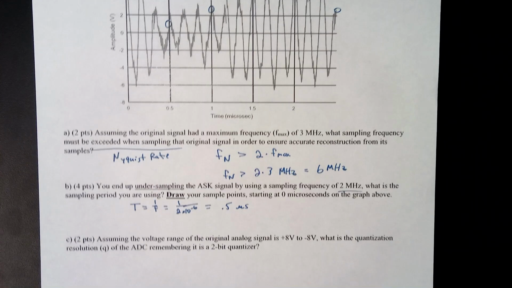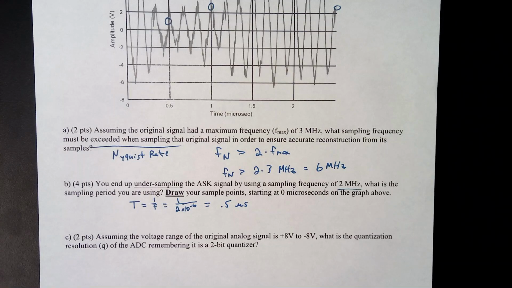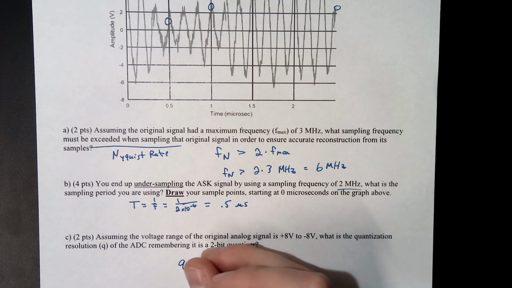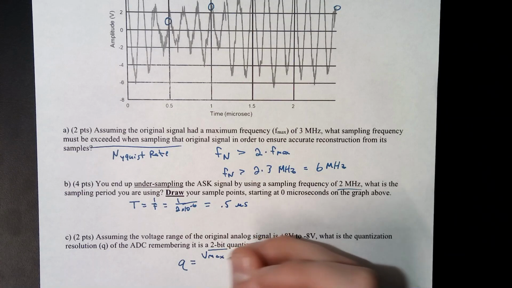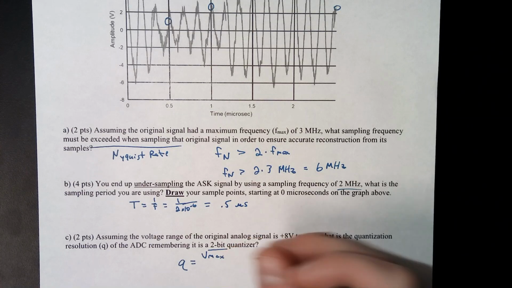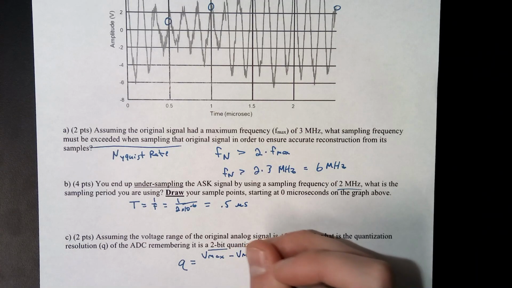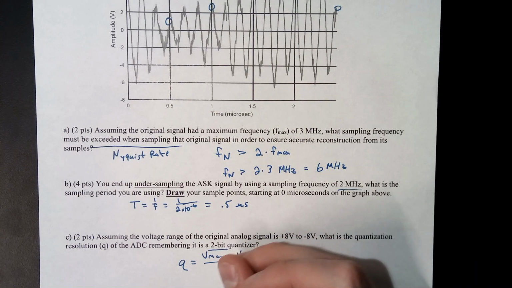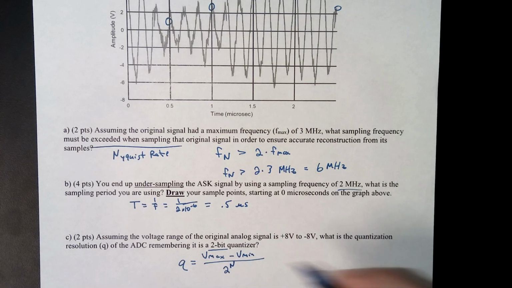Part C: assuming the voltage of the original analog signal is negative 8 volts to 8 volts, as shown on the graph, what's the quantization resolution of the ADC, remembering that it's a 2-bit quantizer? Here we're using the equation Q equals V max minus V min over 2 to the n, where n is the number of bits.